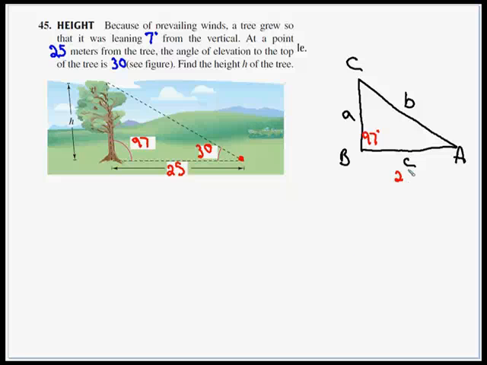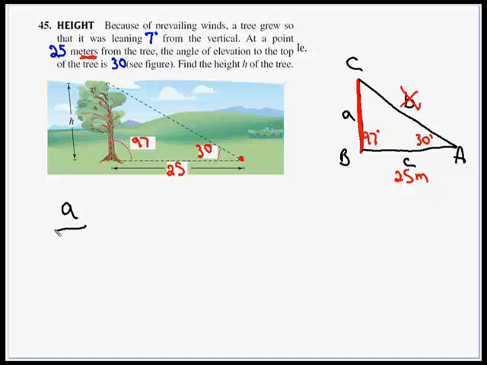Side C is 25, is it feet, meters? Meters. So now we're in meters, 25 meters. Angle A is 30. So what we want to find is the height of the tree, or in my diagram, it's going to be side A. We don't need B at all. So we want to find A.